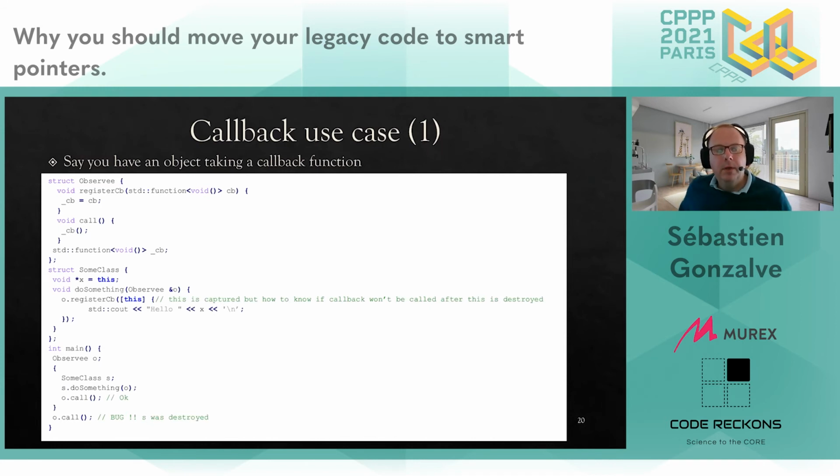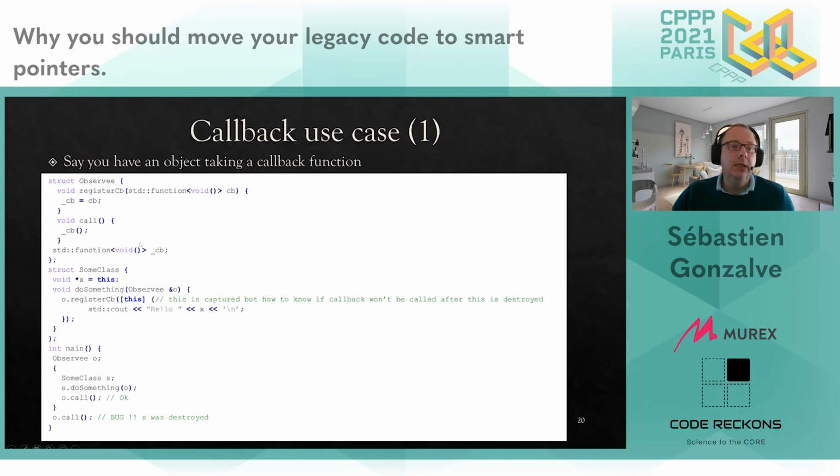Actually, a weak pointer could help you to know if the shared pointer that issued it is still valid or not. I would say, if the object that we are looking for is still there or not. So it's a way to observe whether it is still alive or not.